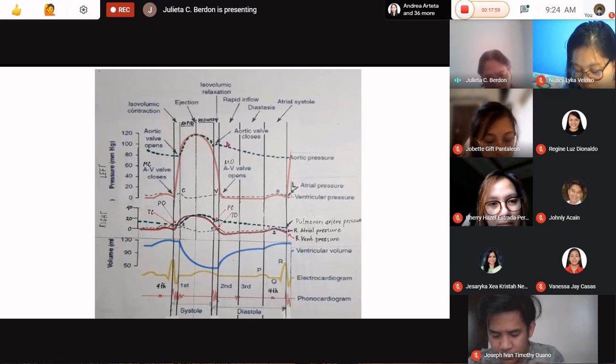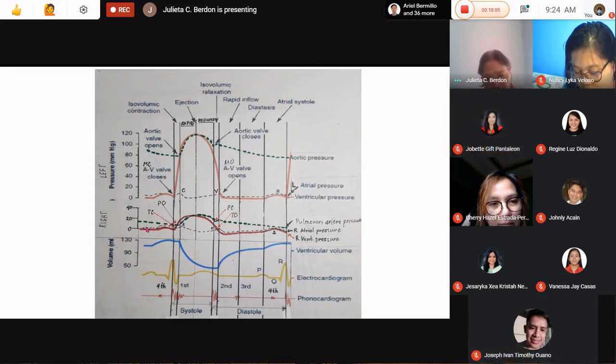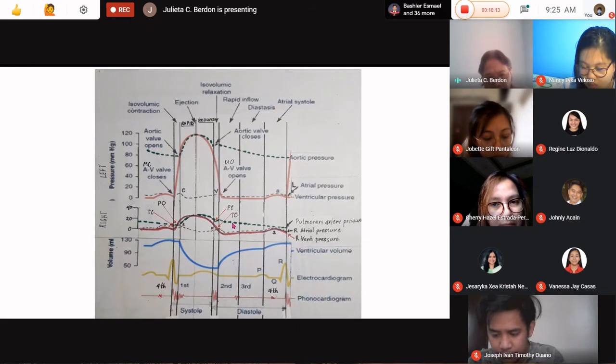Now, you will notice that the pressures in the right are very much lower than the pressures in the left. Because of course the lungs are small, while the other is giving blood to the rest of the body. So naturally, the pressures in the right side will be lesser.